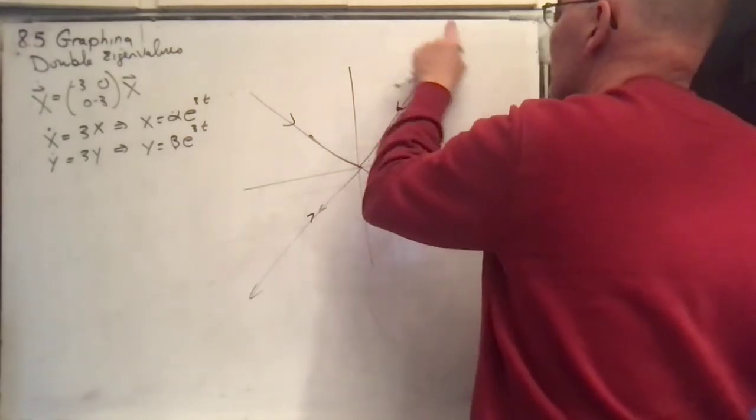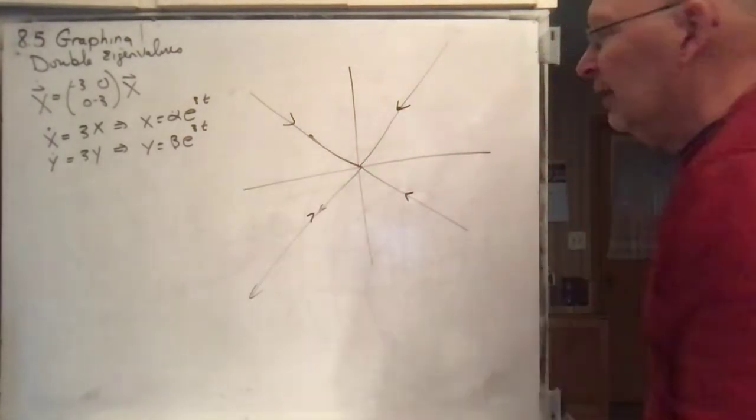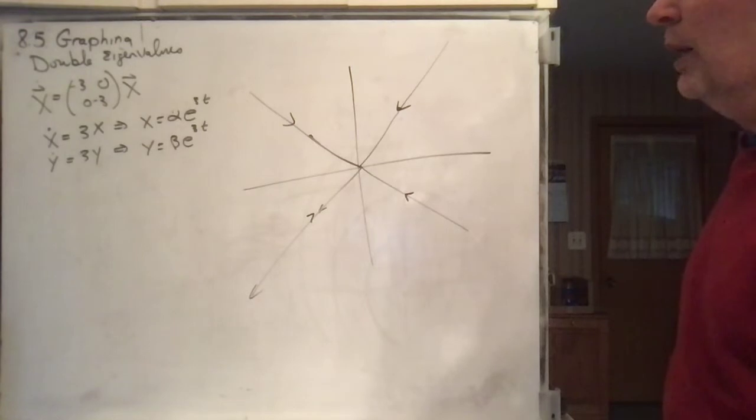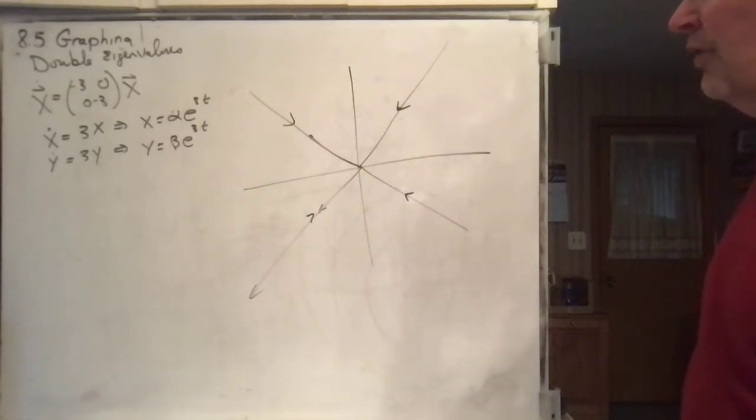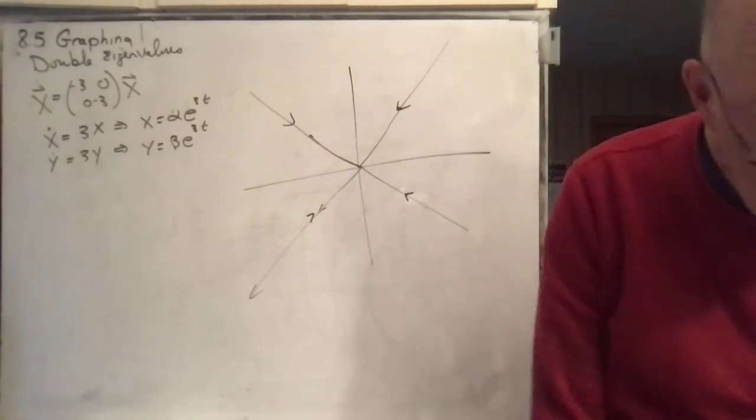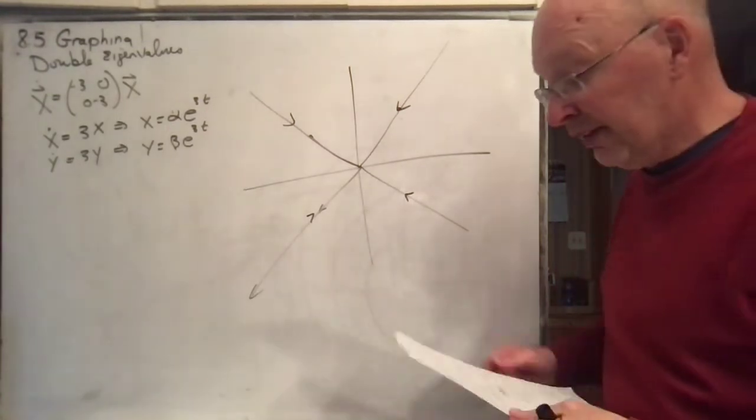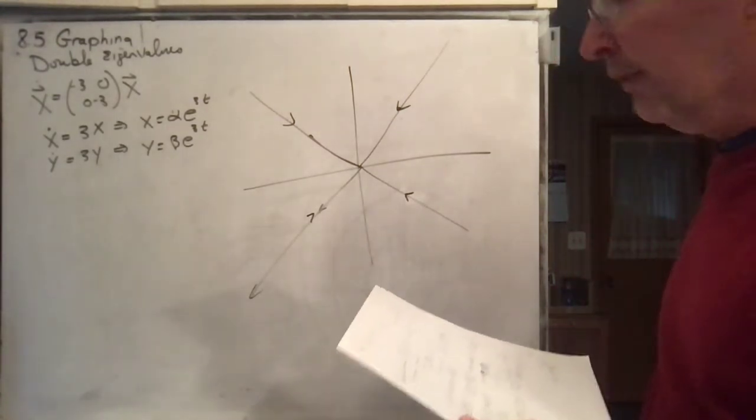Okay, good choice of words all the way around. Every single vector, and I'm not going to go through all the details of that one, but that's another important one.